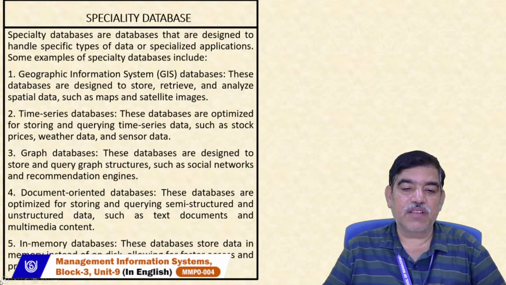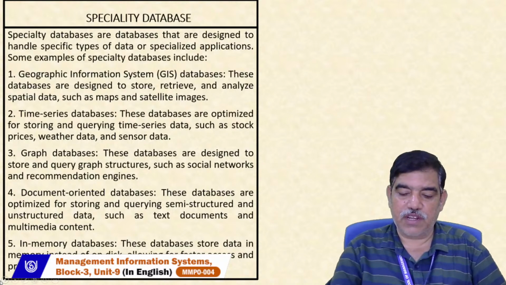Document-oriented databases. These databases are optimized for storing and querying semi-structured and unstructured data, such as text documents and multimedia content. In-memory databases. These databases store data in memory instead of disk, allowing for faster access and processing of data.